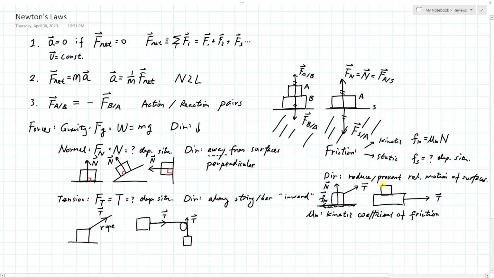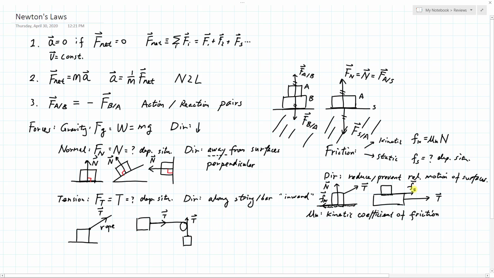Static friction is here not because things have to be static, it's because the surfaces stay static against each other. So if this truck is accelerating to the right, but the truck bed and the load are not sliding across each other, then the surfaces are static. So this will require a static friction pointing towards the left.